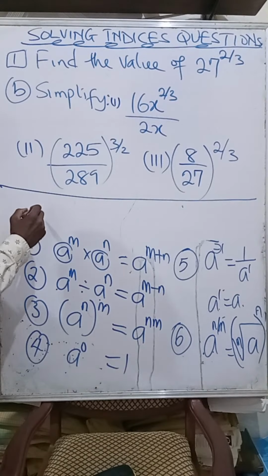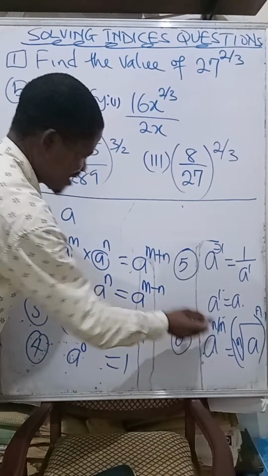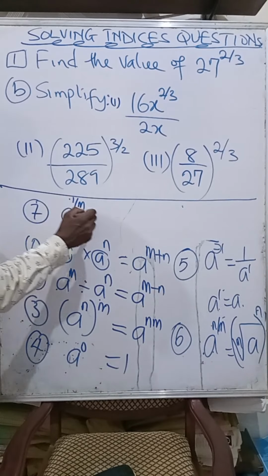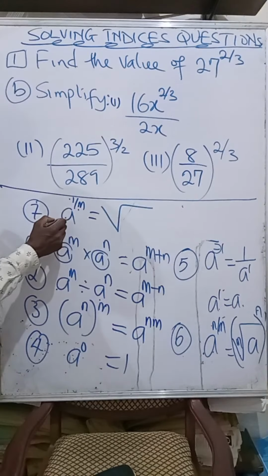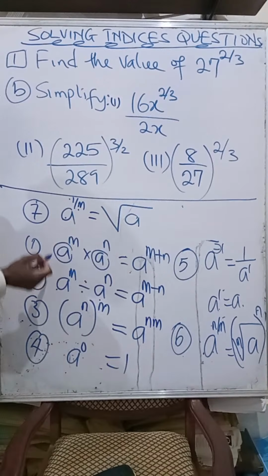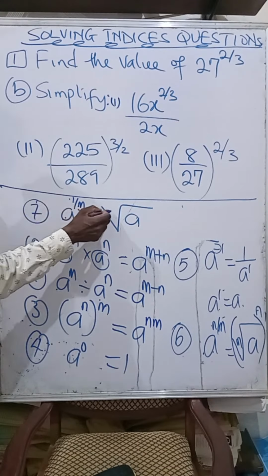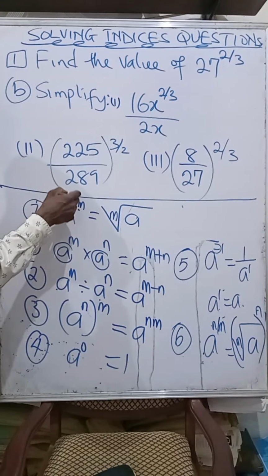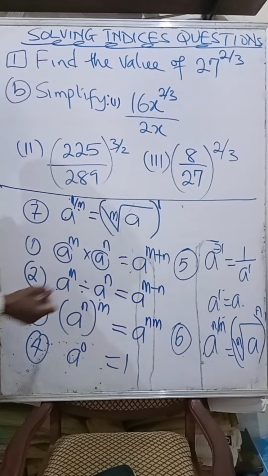7: if the n here is 1, a to power 1 over m, it's going to be the same. It's going to be a root. The base is here, the denominator of that power will be the root, and the numerator, which is 1, encloses this.